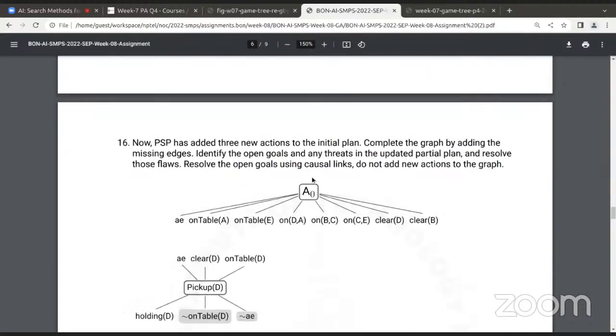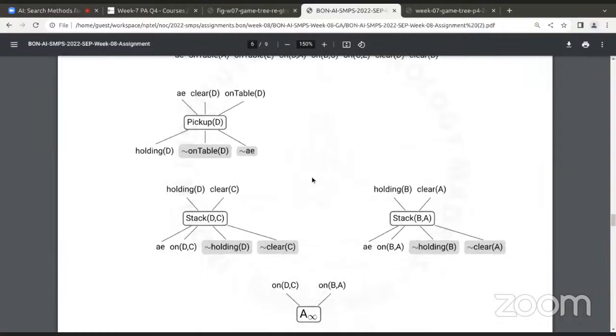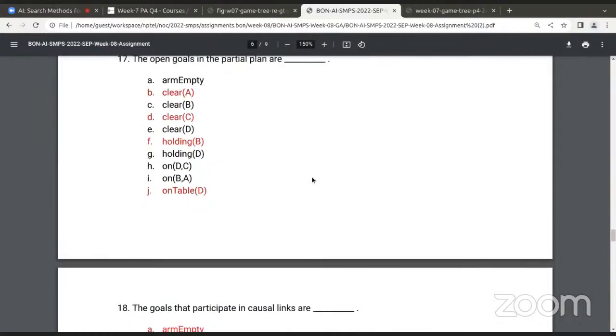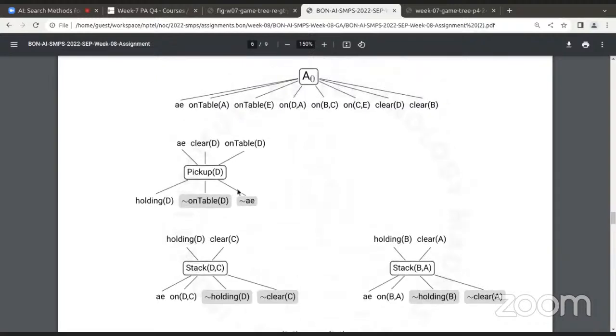So this is what you're talking about, question 16? Yeah, question 16. Let me ask the question again. Why is clear D here not connecting with this clear D? Why is pickup D not the first action?